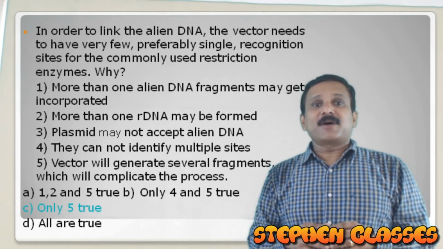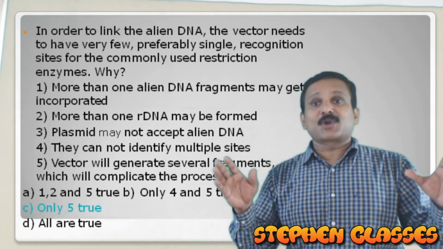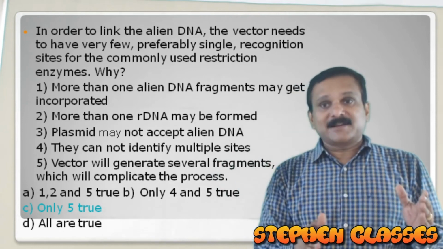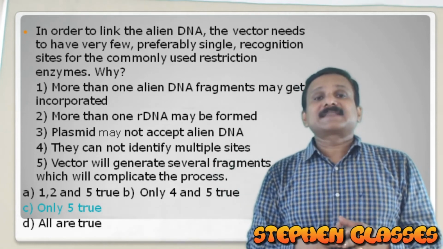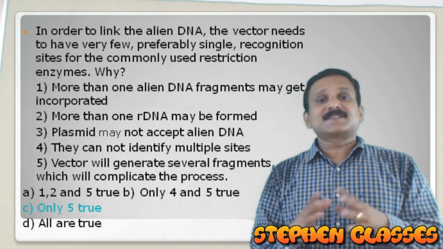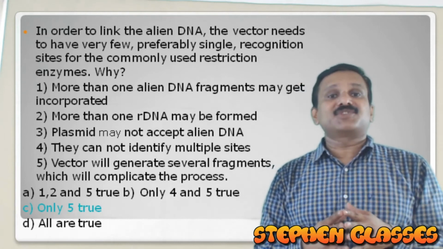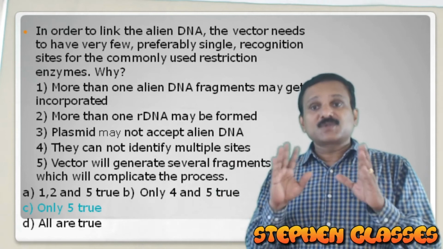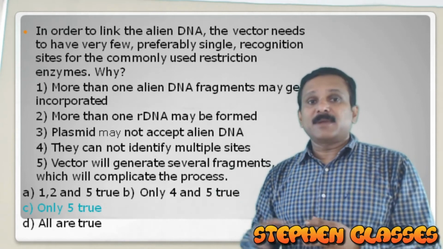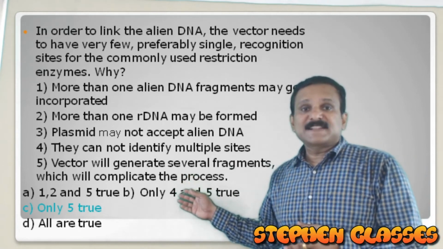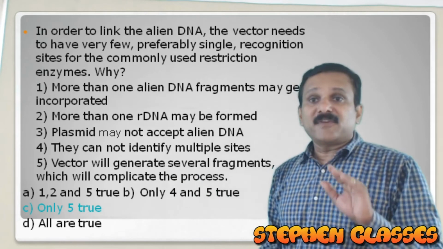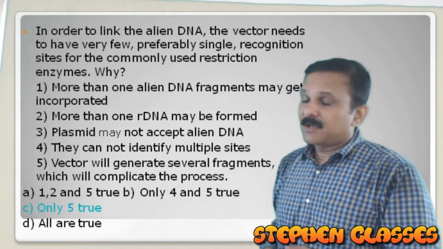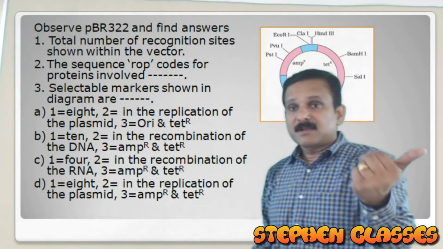Plasmids may not accept alien DNA? That is also wrong. When a cut is made, the plasmid will accept the alien DNA if it has sticky ends which are complementary with each other. They cannot identify multiple sites? This is also wrong. So our answer will be option C, which says only the fifth statement is true here. Now we move to our next question.